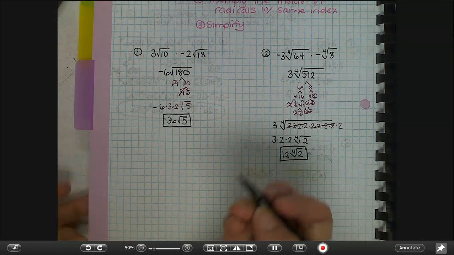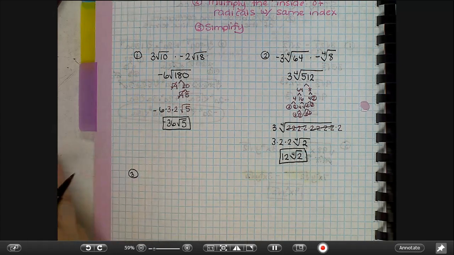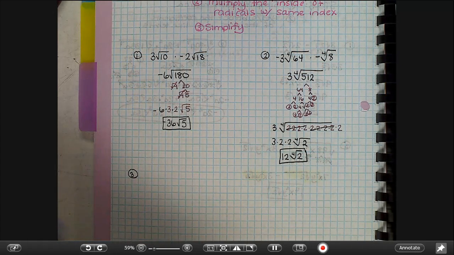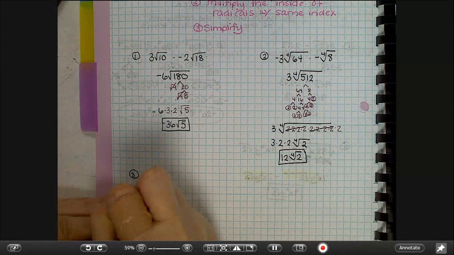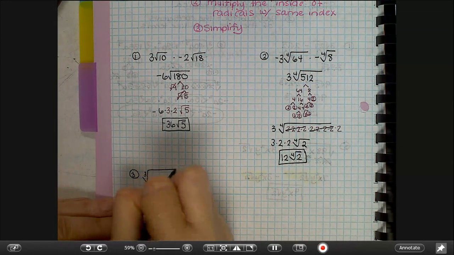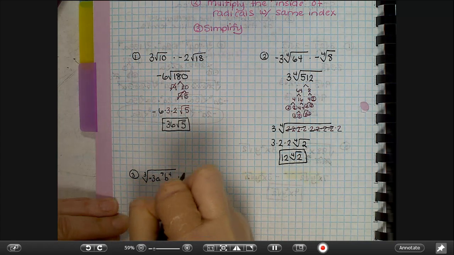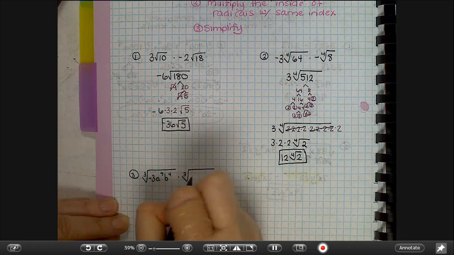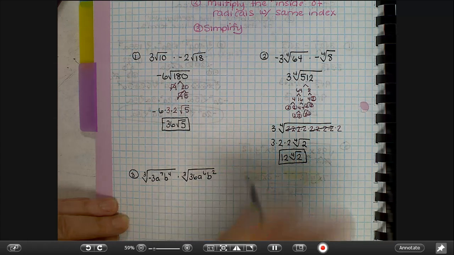Let's do one with variables now. All right, so we have the cube root of negative 3 a to the 7th b to the 4th times the cube root of 36 a to the 6th b squared.